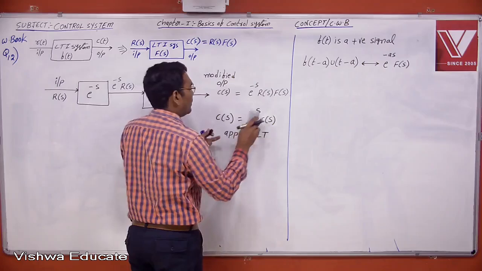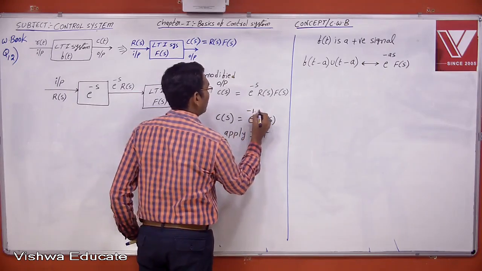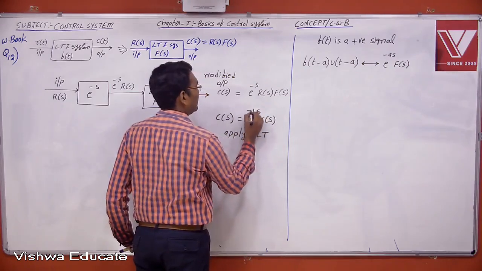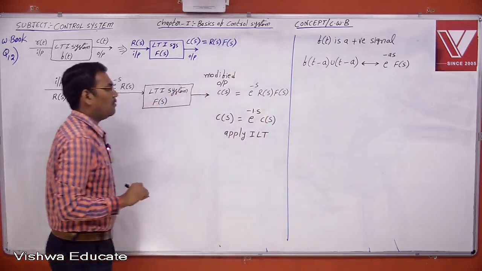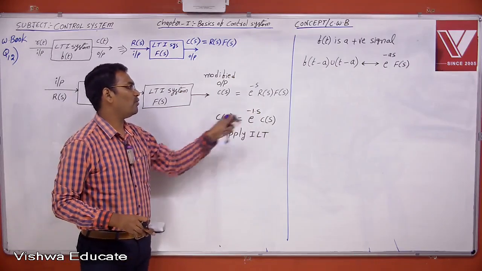What is a here? e power minus a is 1 into s. What is the a value? The a value is equal to 1.